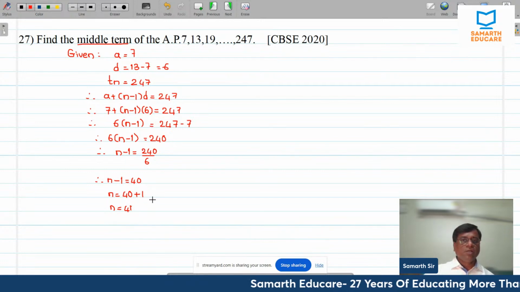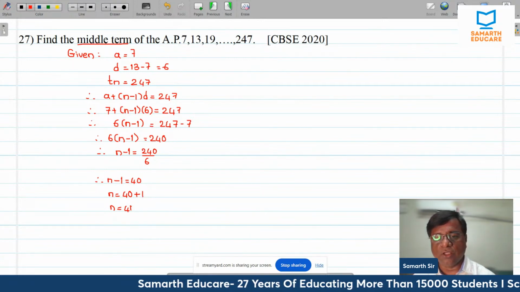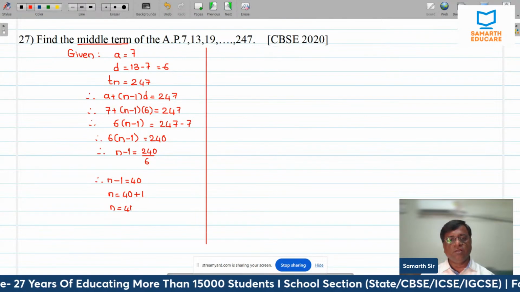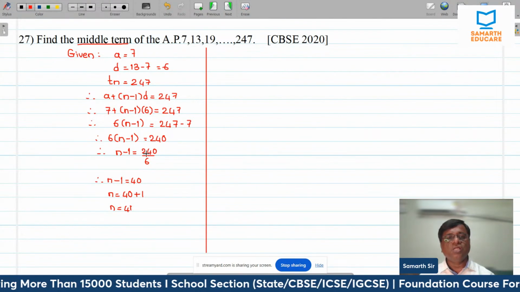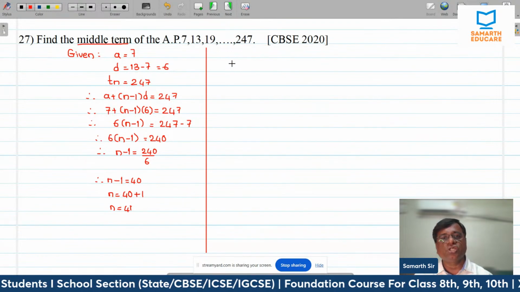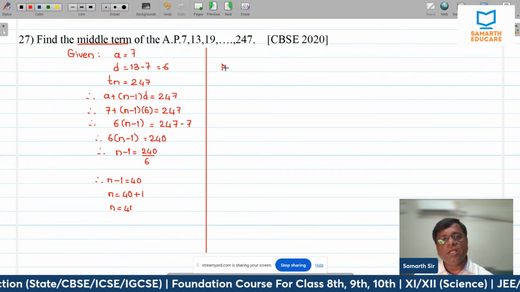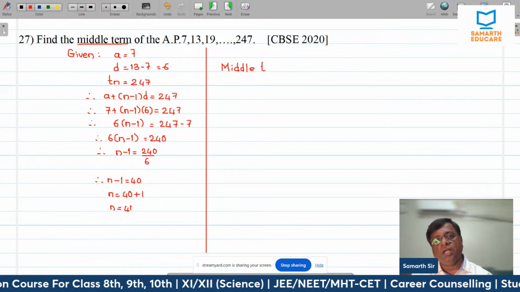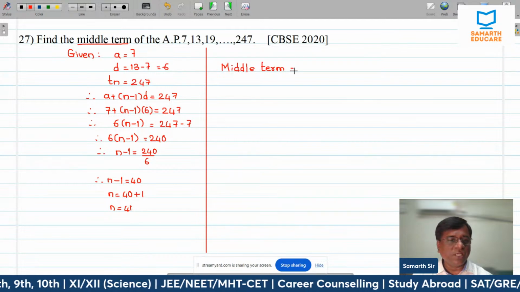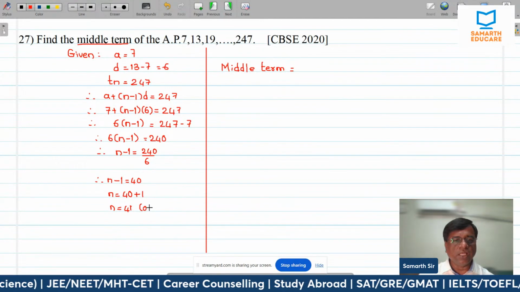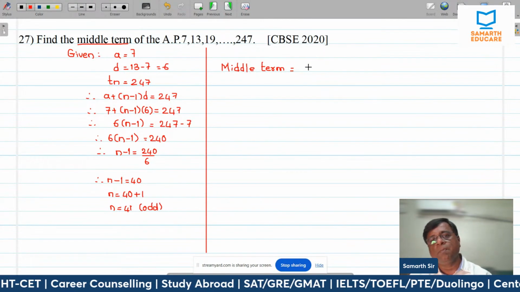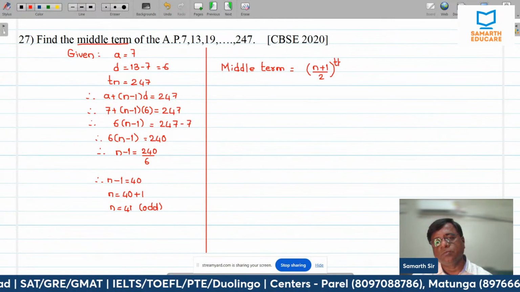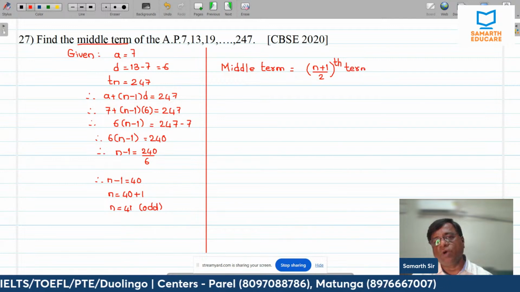So, if I talk in the language of median, there are total 41 numbers, right? And what will be the median? The median will be the position. So the middle term, because n is odd, as we do there, is the n plus 1 upon 2th term.